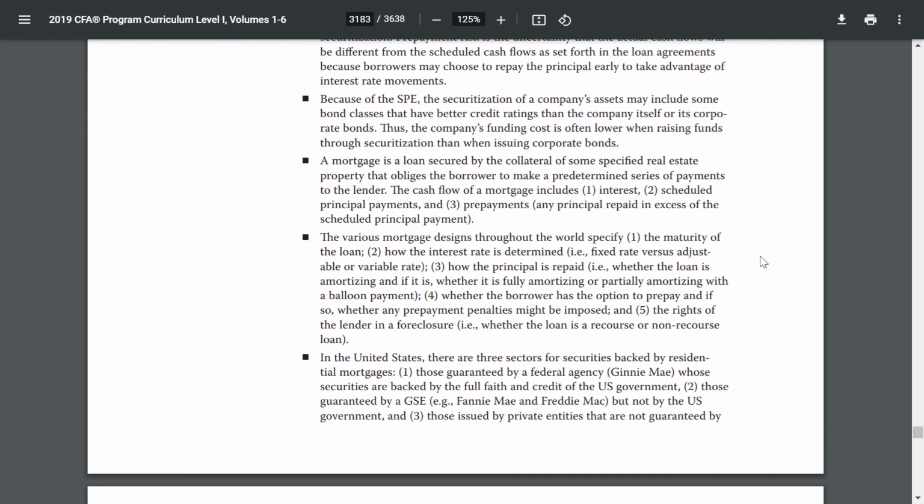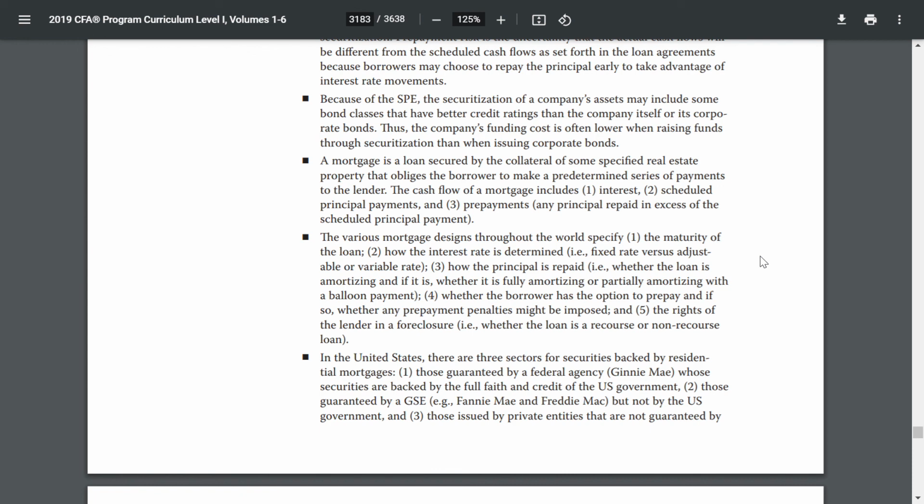Because the securitization of a company's assets may include some bond classes that have better credit ratings than the company itself or its corporate bonds, the company's funding cost is often lower when raising funds through securitization than when issuing corporate bonds.